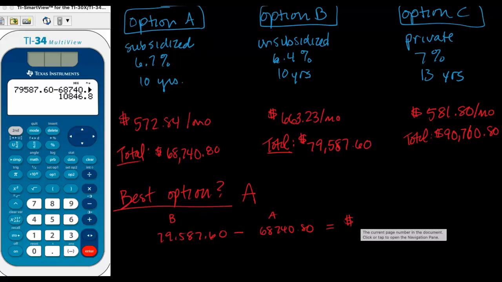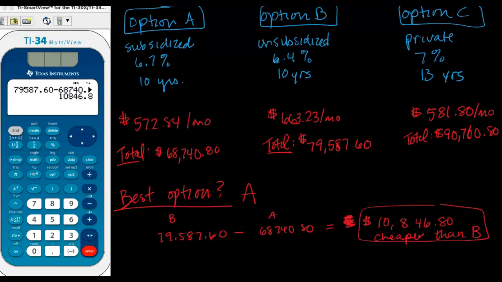Yeah, so that looks right. So my savings there is $10,846.80 cheaper than B. So A is $10,846.80 cheaper than B. Okay, that subsidized loan.